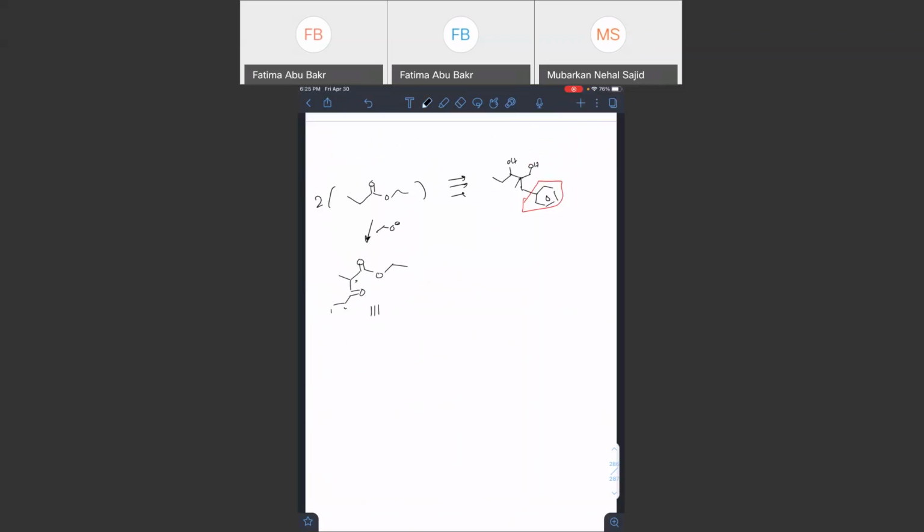1, 2, 3, 4, 5, 6, 7. So, nope, wrong position. Okay, and then there's going to be a carbonyl here, a methyl in between, a carbonyl here.